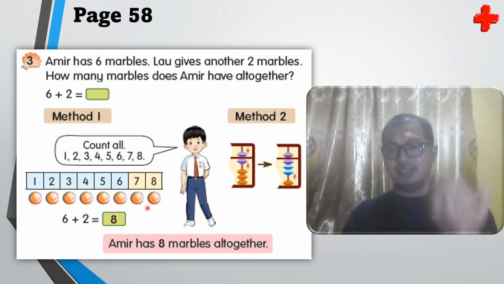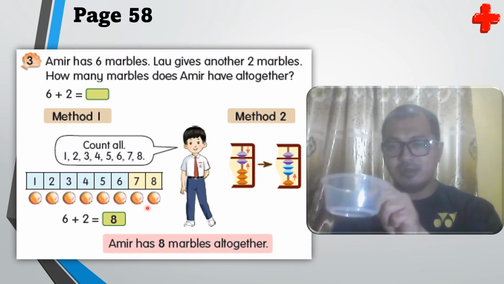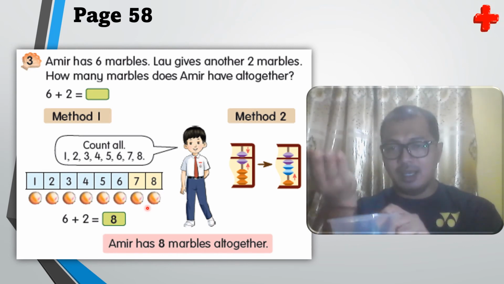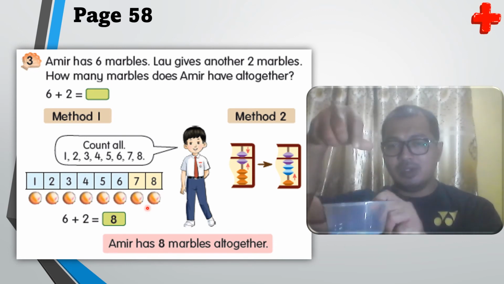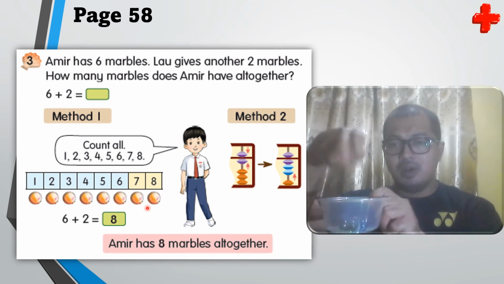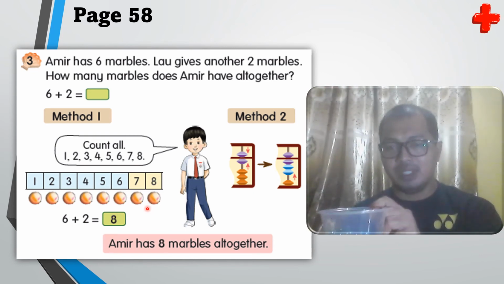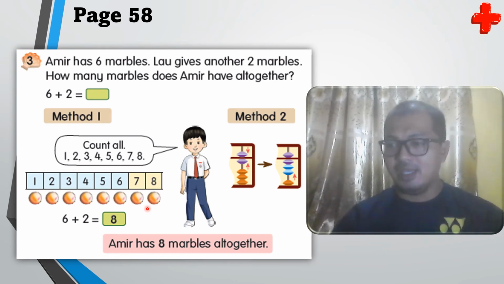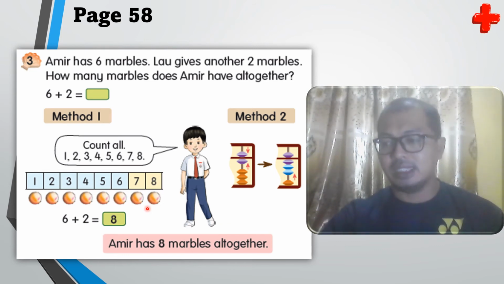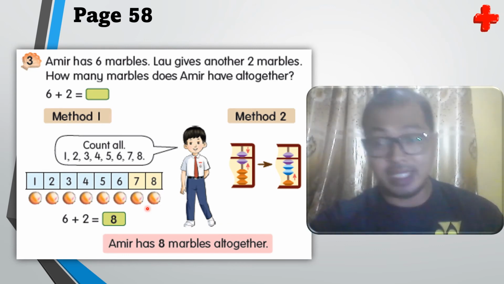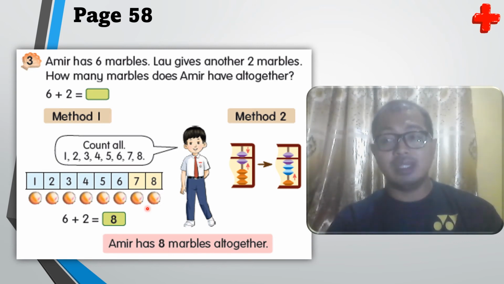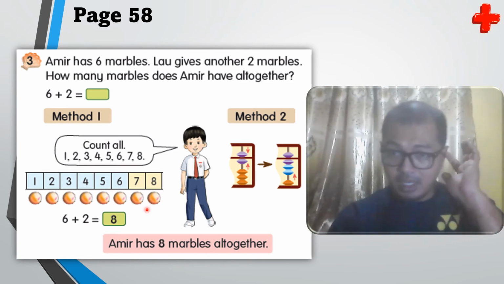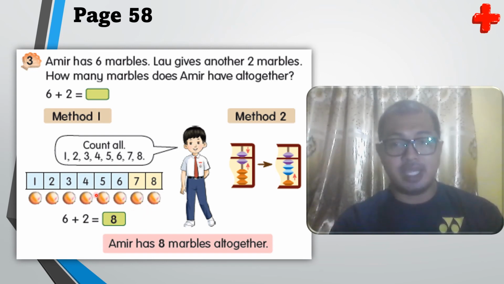Okay, combine 6, combine 2, and let's count how many marbles I have now. 1, 2, 3, 4, 5, 6, 7, 8. 8 marbles. Right? If you want to learn addition, it is advisable for you. Saya sangat nasihatkan guna benda yang concrete material, benda maujud, benda konkret. Alright?